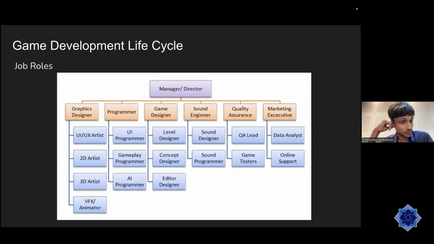Right. So considering the job opportunities in the computer game industry, again, there are many job opportunities, but I don't know how many software engineers actually move to this domain.